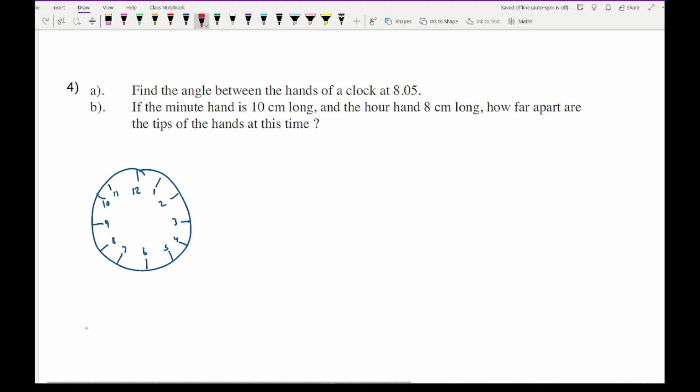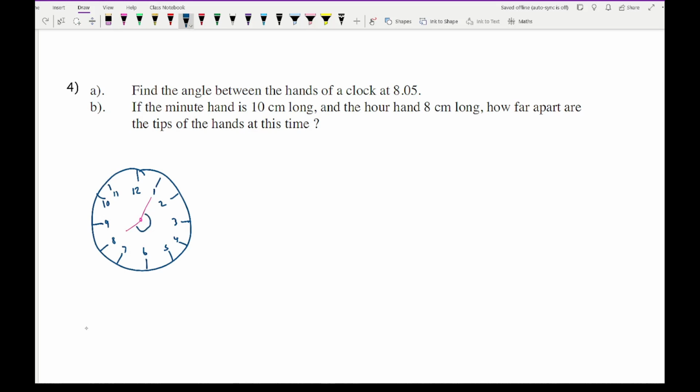So 8:05 would look like one hand at 8 and one hand at 1. You might find there will be some deviation, slightly past certain numbers, but for argument's sake, let's say that is not the case. So let me draw those hands again. The minute hand is at 1, the hour hand is there. What the question is asking us to find is this angle here.